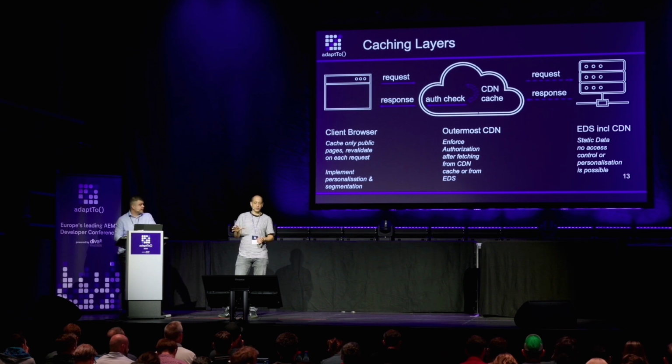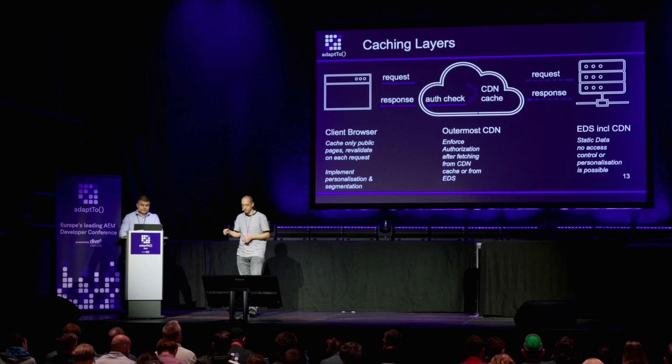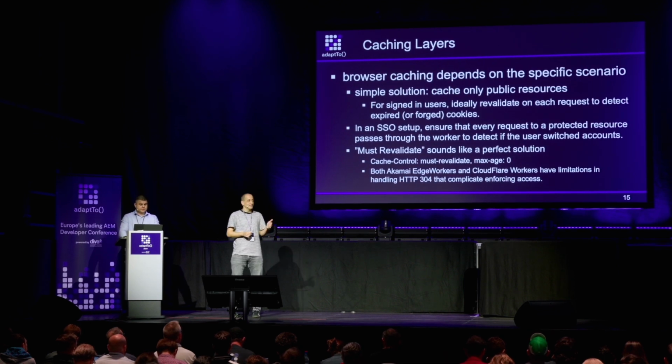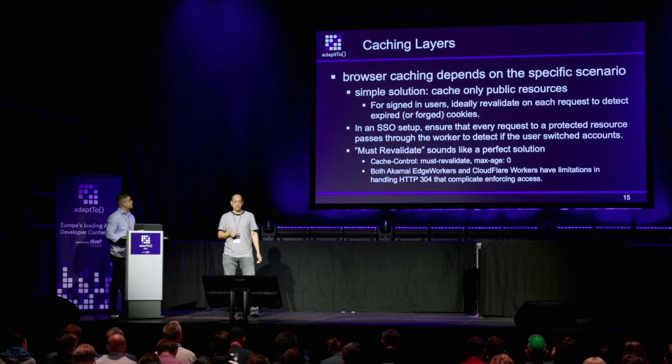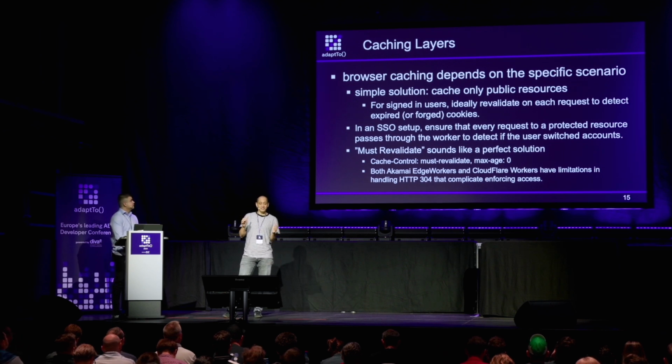Apart from that, we retrieve the document from cache, we check our header, and then we send back our response. Good. So the tricky part is the browser caching. We have a simple recommendation from our experience: cache only the public resources.